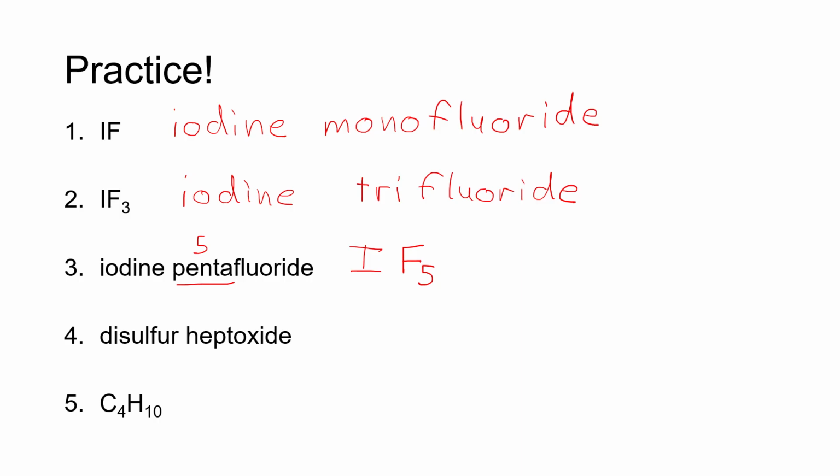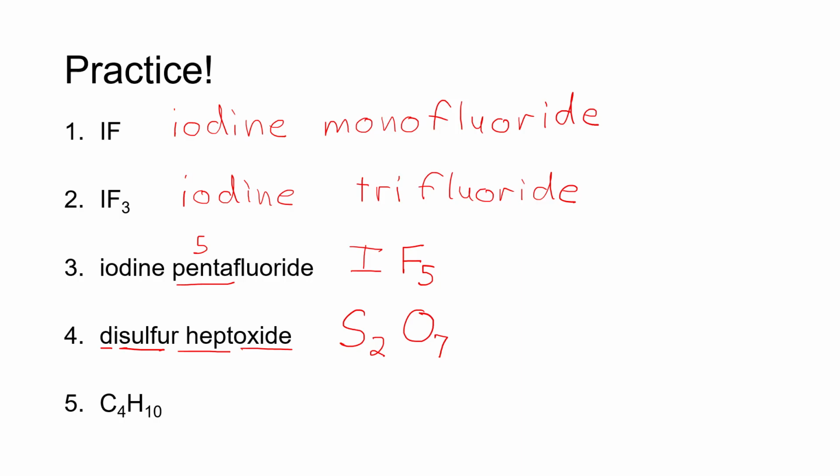For this next one, disulfur tells us we have 2 sulfurs, so S2. And then heptoxide, well, the element is oxygen, and hept means 7. Please note that here with oxygen, if the prefix ends with an A, we don't put that double vowel AO together. We don't say heptaoxide, it's just heptoxide.